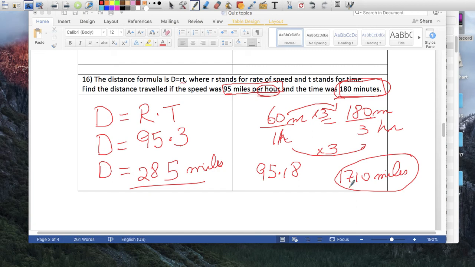And if you got that and left it as it is, you should have at least stopped, because if you can only travel 95 miles in 1 hour, how is it that you can travel that much in 3? It's way too much. Something should have been telling you to stop. Okay, there's something wrong here. So the trick is to change this 180 minutes into hours.